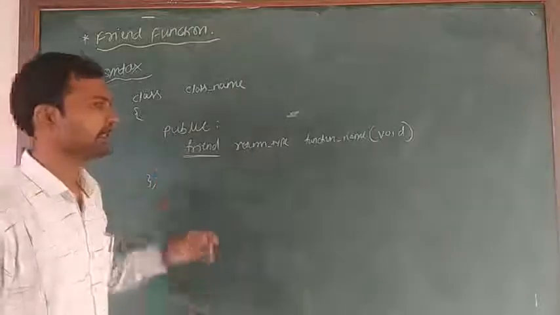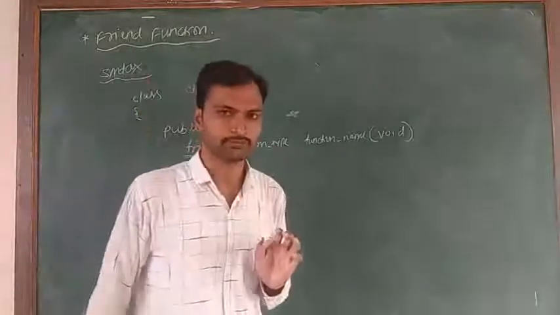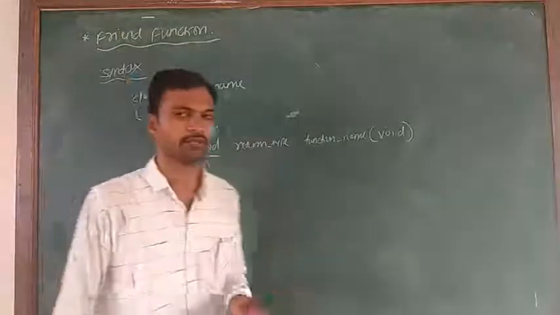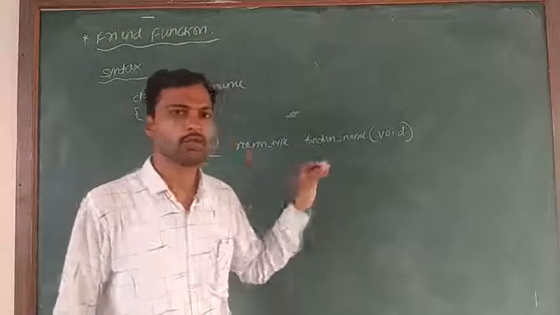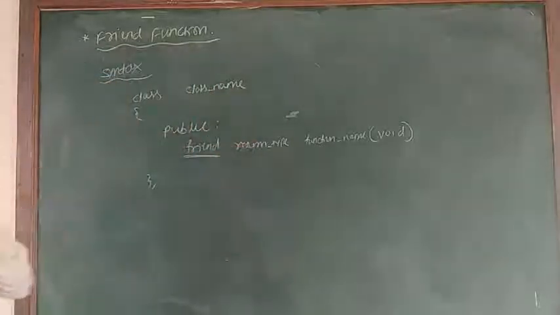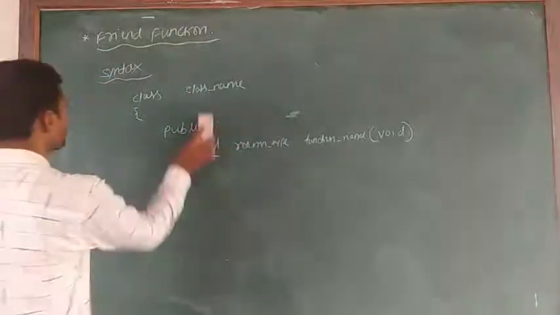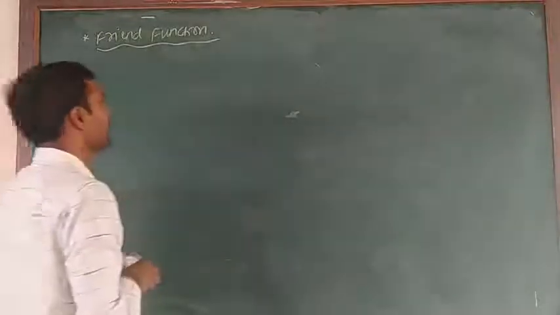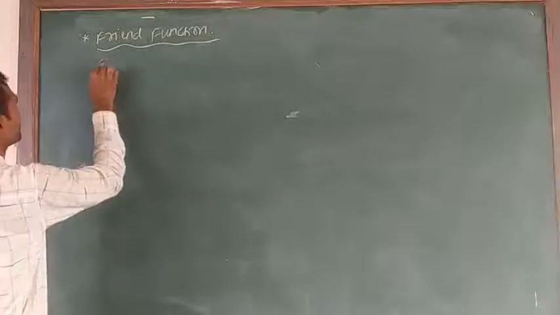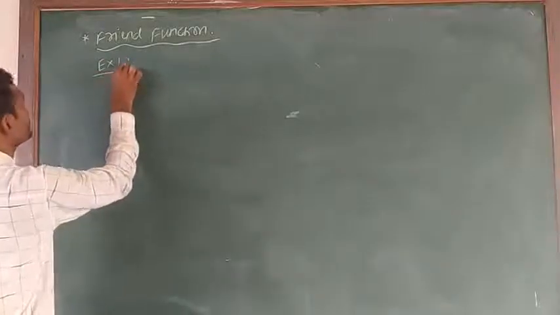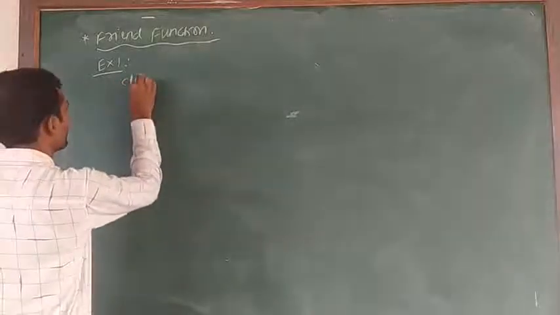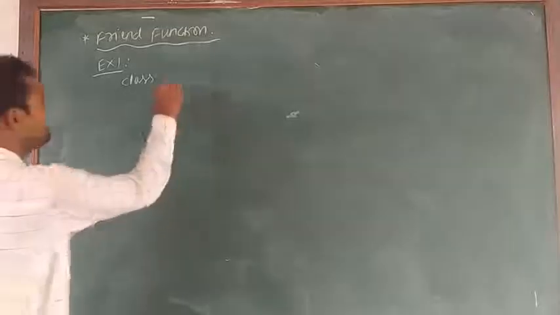Okay. Then I will take one simple example of how to use the friend function. Again I will start the class. Class is known. I will take the class name as base.